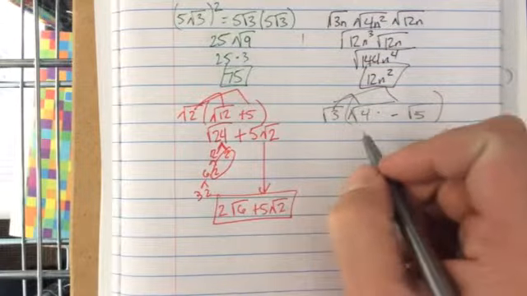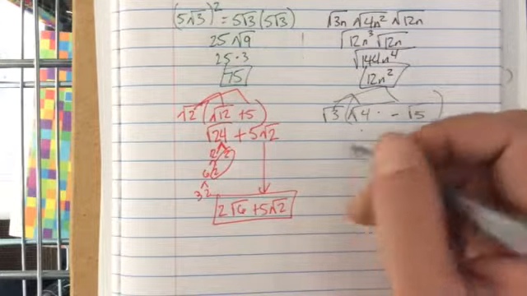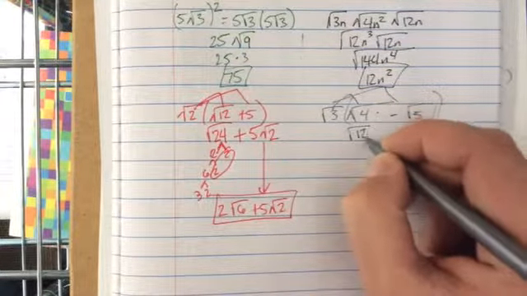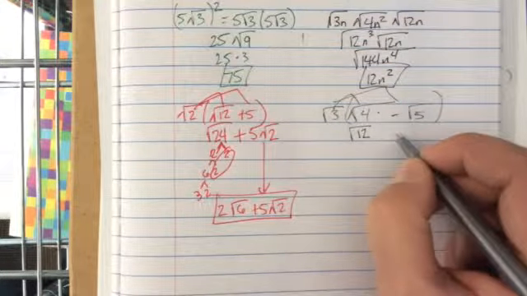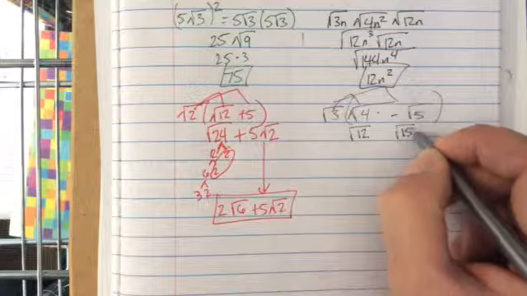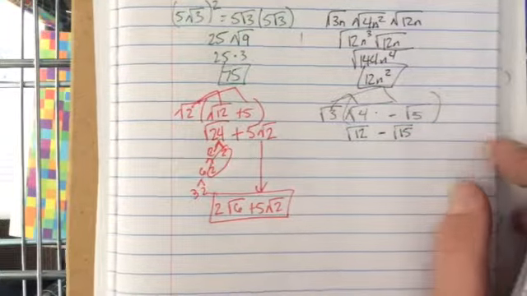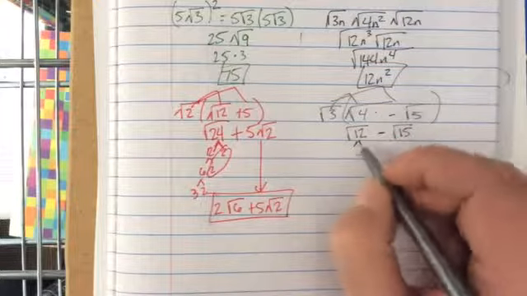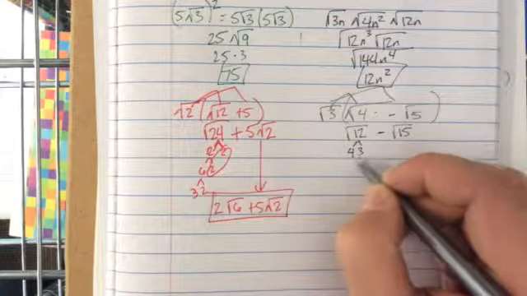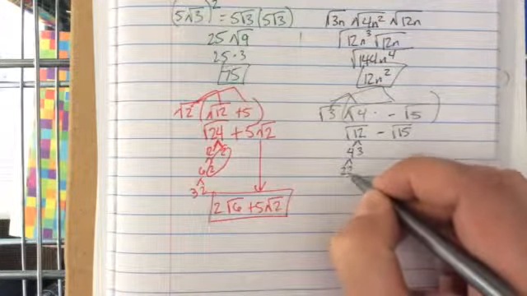So square root of 3 times square root of 4 is square root of 12. Square root of 3 times the square root of 5 is square root of 15. So now we have the square root of 12 minus the square root of 15. Can we simplify 12? 4 and 3 is the nice one.